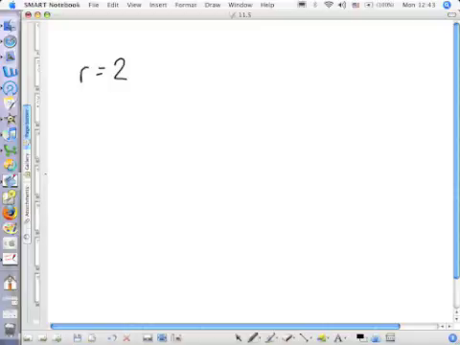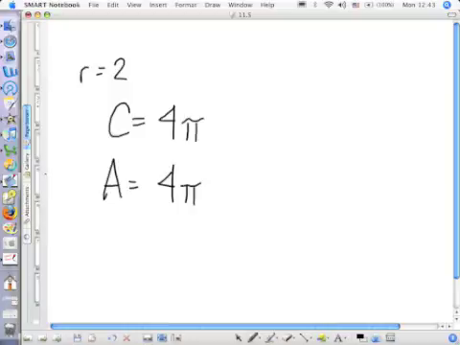What about 1? All right, now suppose I had said find the circumference and the area using 3.14 as pi and round to the nearest tenth.